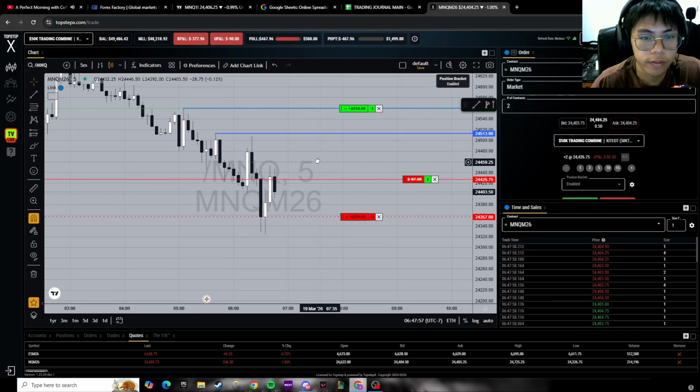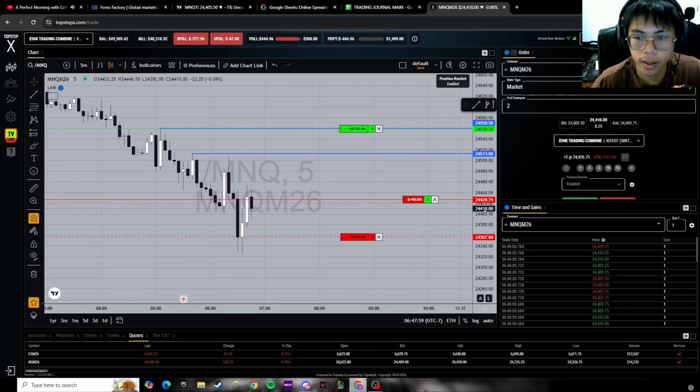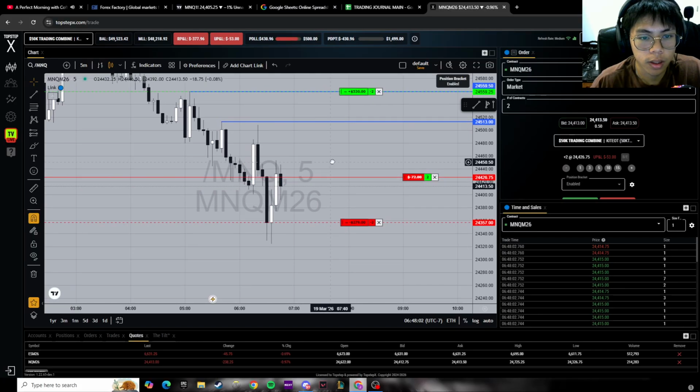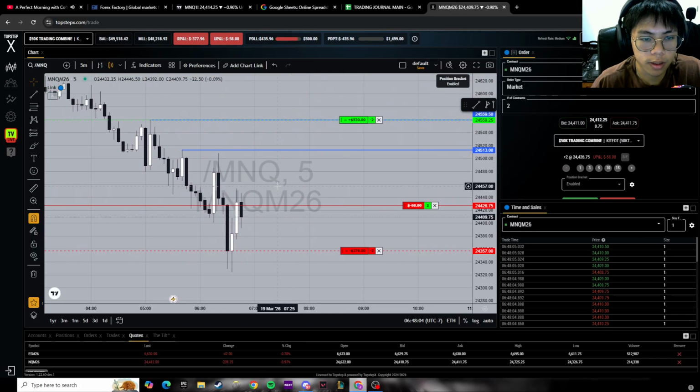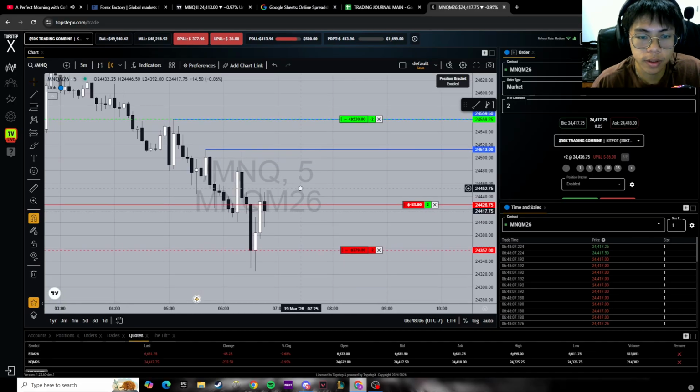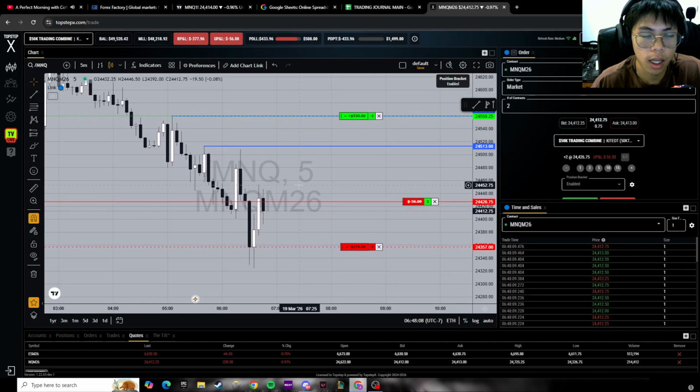It's got this 5-minute inversion here. We're in this hourly gap. I do like my longs here. I have a lockout at 500, so we'll see.